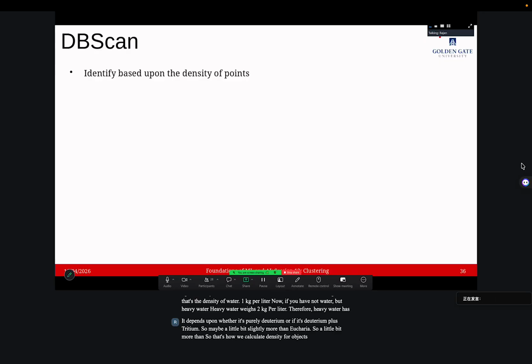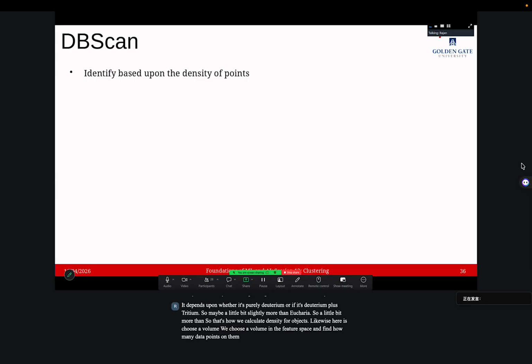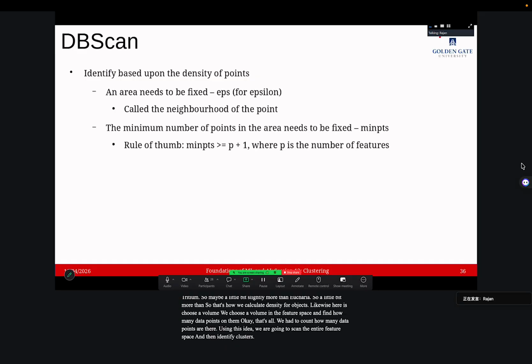Likewise here, we choose a volume in the feature space and find how many data points are there. Okay, that's all. We are going to count how many data points are there. Using this idea, we are going to scan the entire feature space and then identify clusters. How are we going to do that?